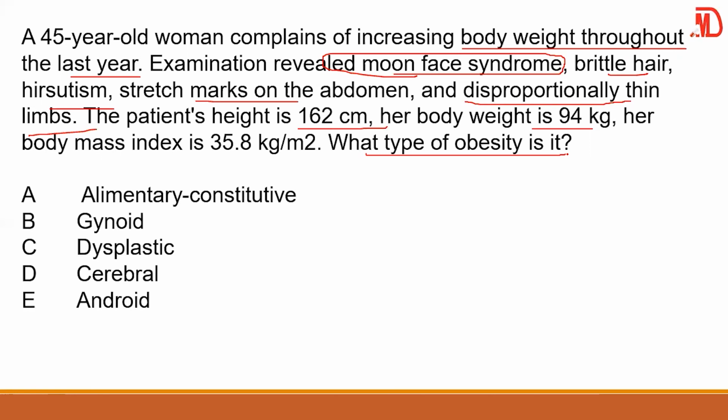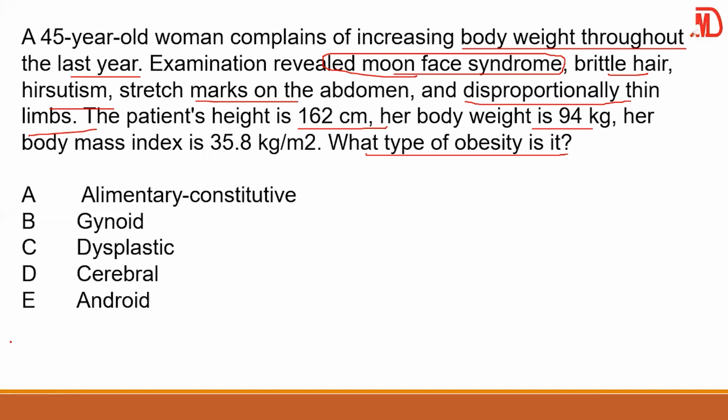I was talking about Cushing, and I'm thinking about a type of obesity called abdominal obesity, or central obesity, because it's happening on the abdomen. So we could think about central obesity, abdominal obesity, or even Cushing syndrome or Cushing disease. That could have come to your mind.